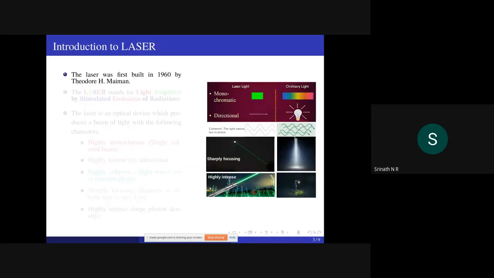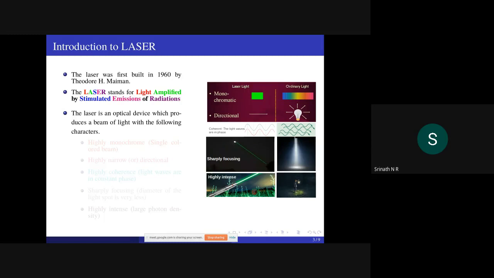Introduction to laser. The laser was first built in 1960 by Theodore H. Maiman, and the acronym goes like this. LASER stands for Light Amplification by Stimulated Emission of Radiation, and the definition goes like this.